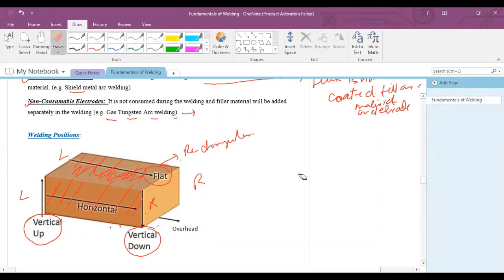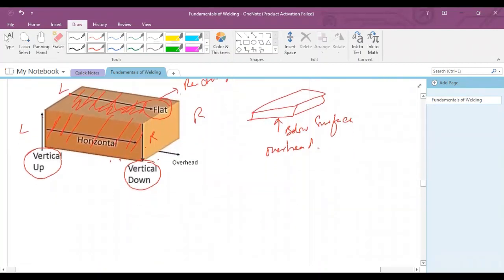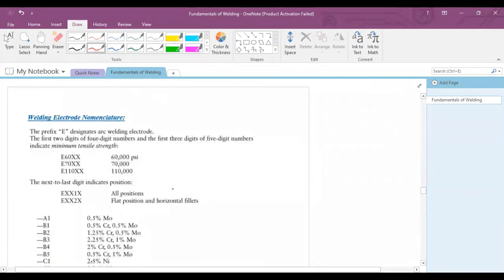If we have two parts, this part and this surface, the one below is called the overhead position, right? It is very important when we talk about the electrode nomenclature. It will come in the next topic.